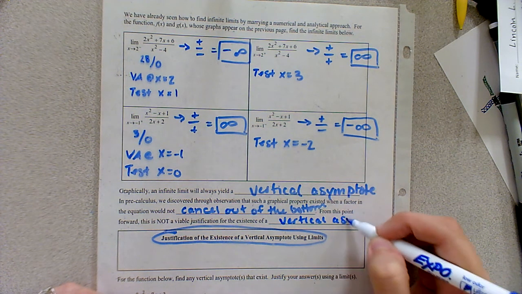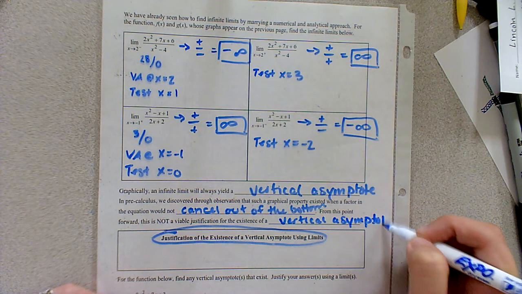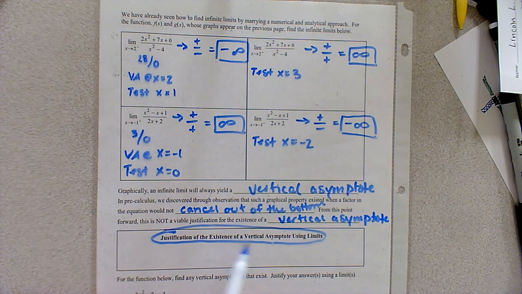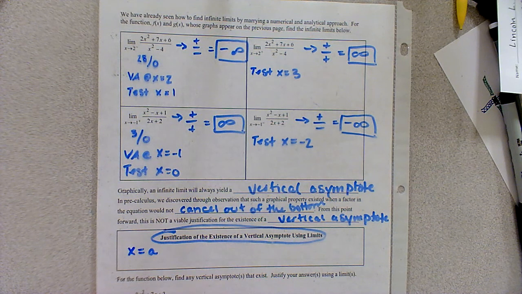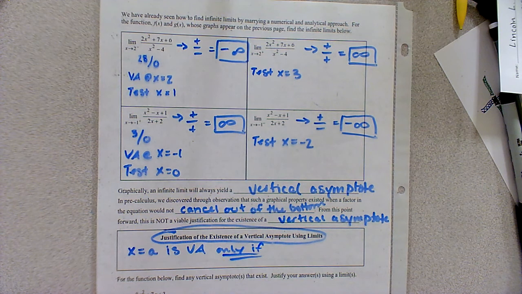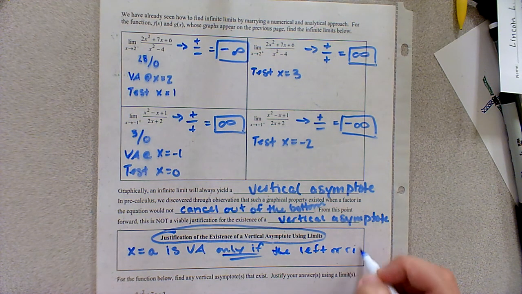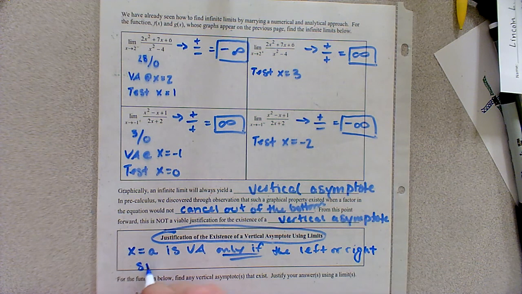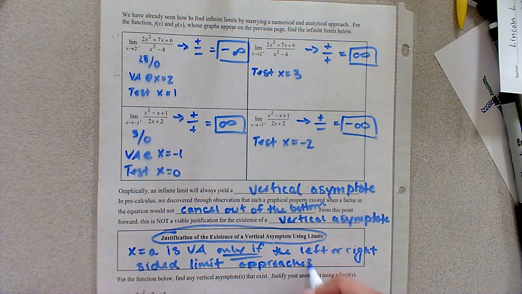Since we're in calculus, we're going to use limits as our justification. So in order to justify the location of a vertical asymptote, x equals a is a vertical asymptote only if the left or right sided limit approaches either positive or negative infinity.